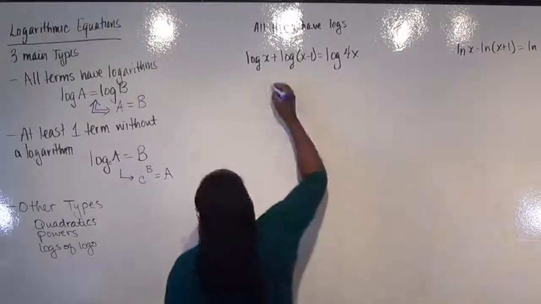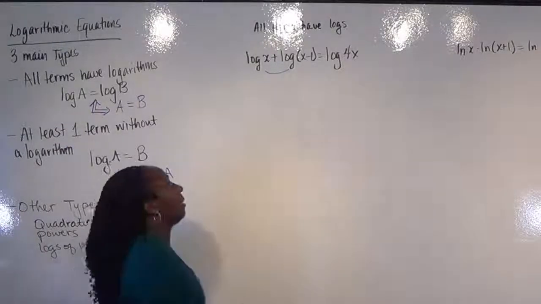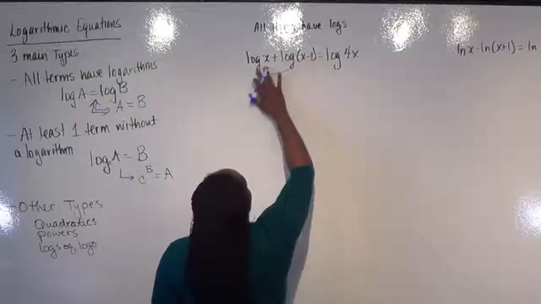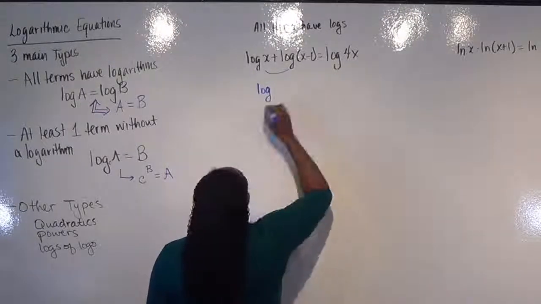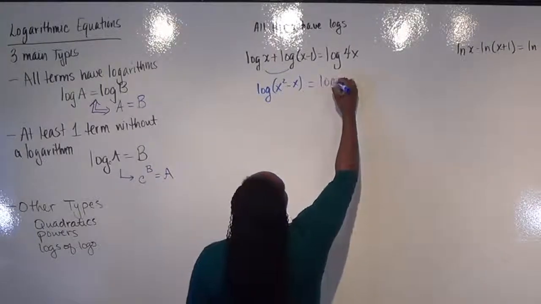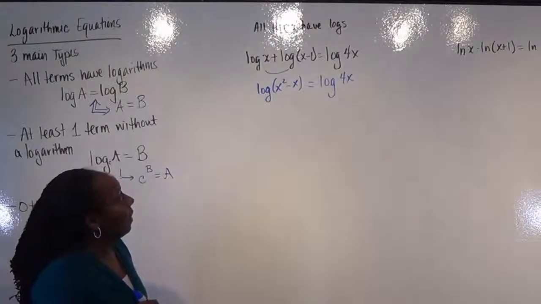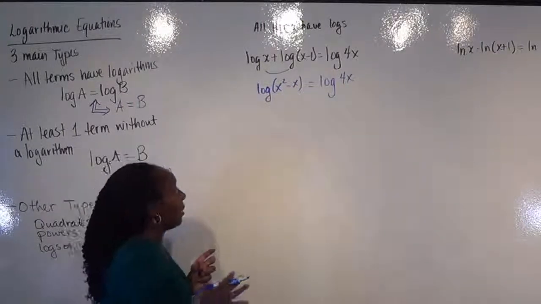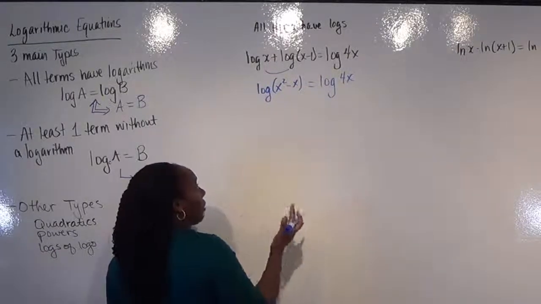So the first thing we're going to do is simplify it down so I just have a single logarithm on the one side. Because of the addition, this means I'm going to multiply my arguments. So I'm going to have the log of x squared minus x equaling the log of 4x. Now that I have the logs equaling each other, I can just equate the arguments.